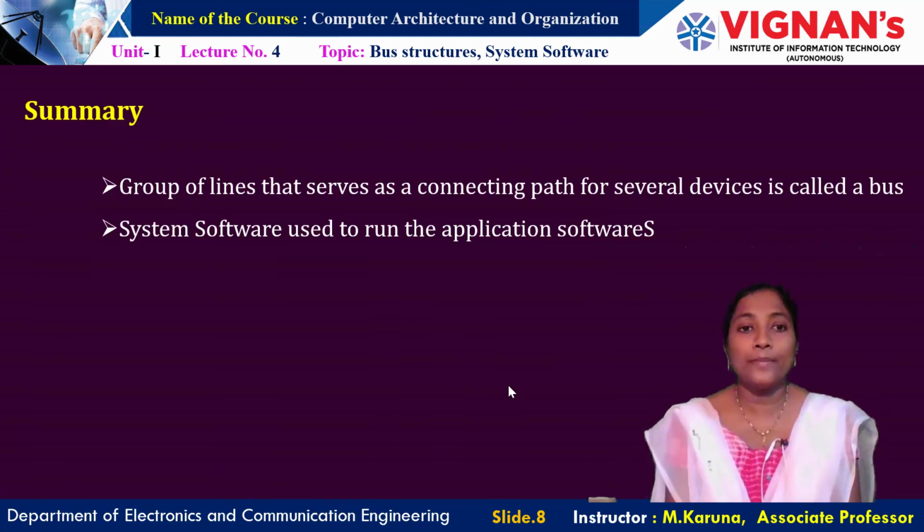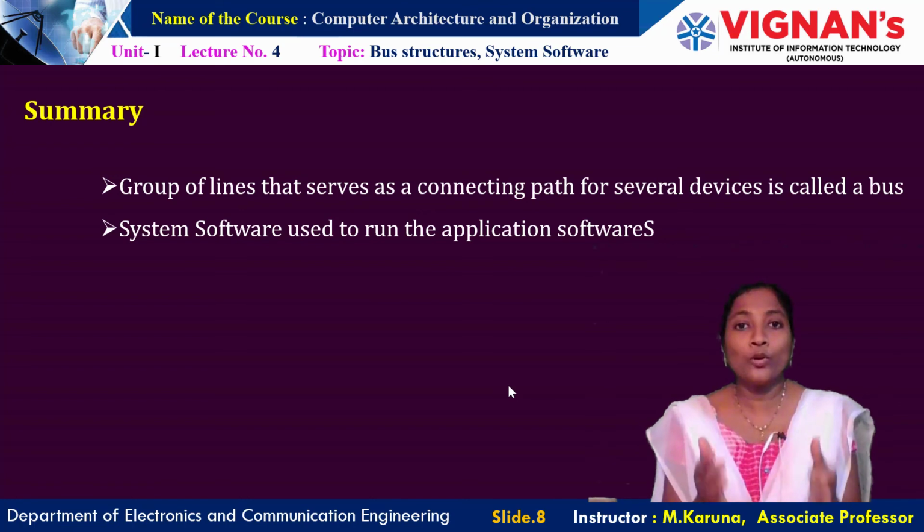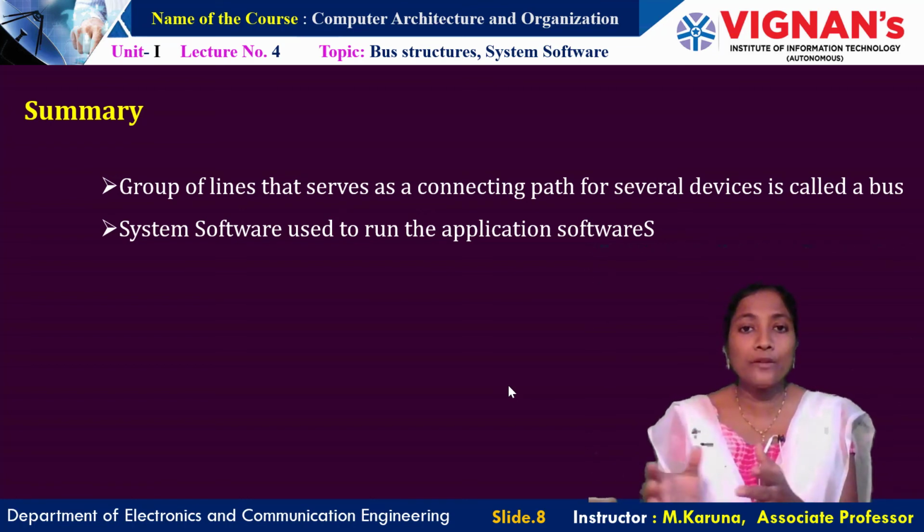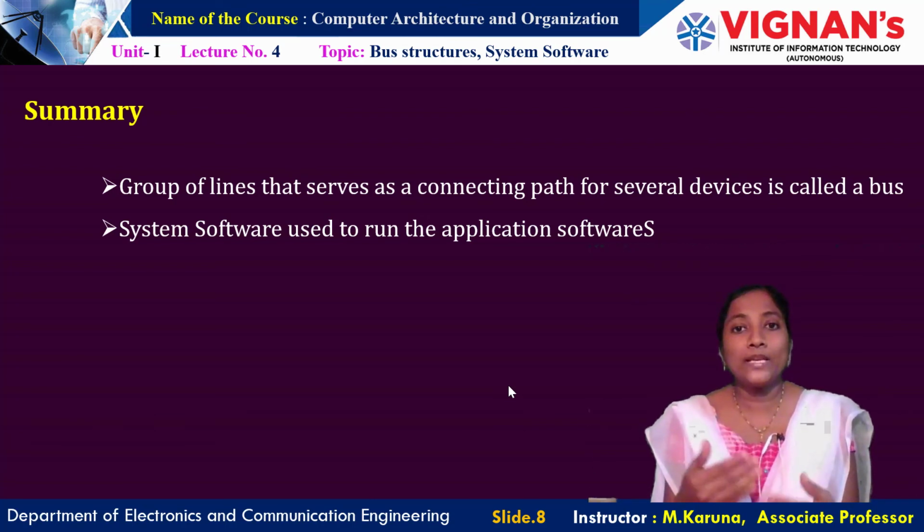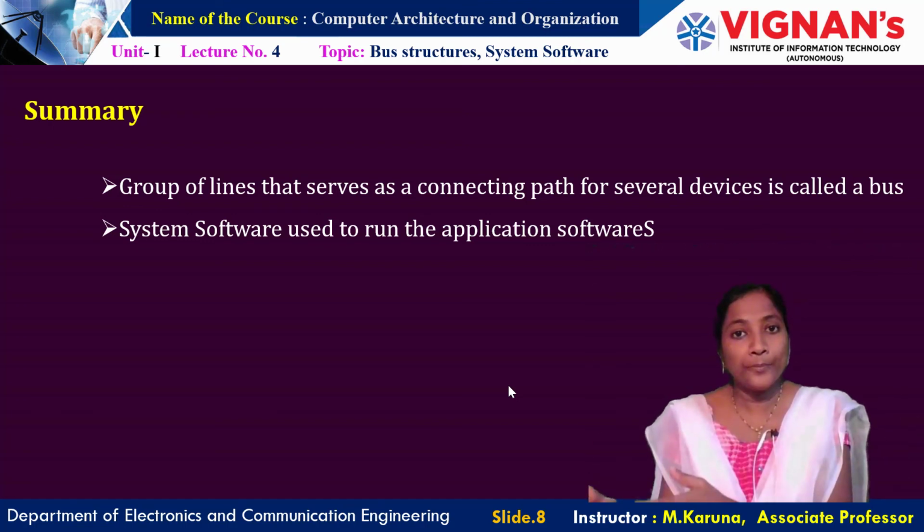Let us see a summary. Usually a bus is a group of lines which carries data or address or control signals between the functional units. And coming to the software, we have discussed different types of software. System software is used to run the application program or edit the application program, or we can say system software acts as an interface between the hardware and user programs.